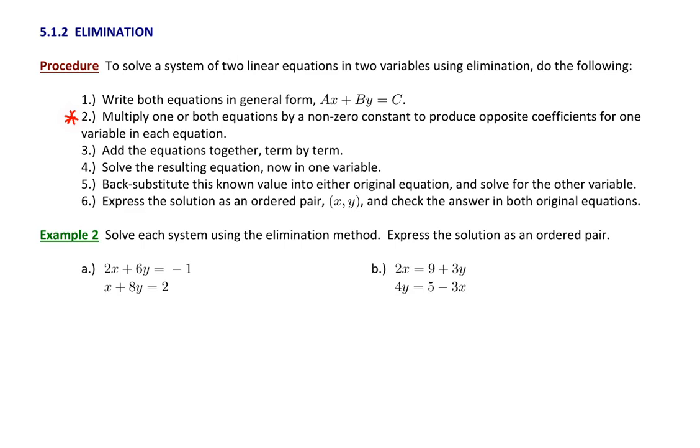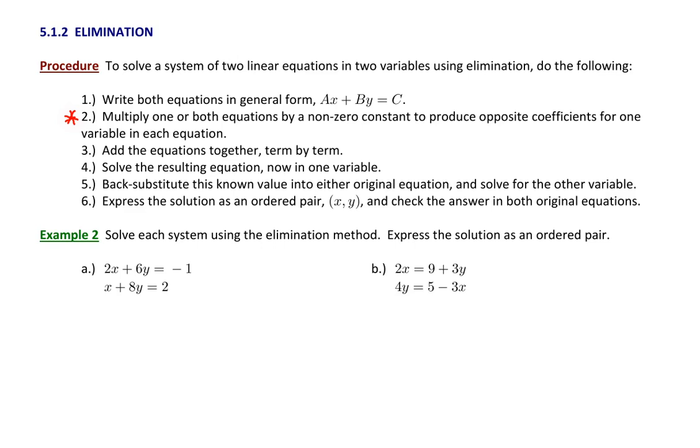Now, opposite means opposite in sign. So if one equation has a coefficient of 2, I want the other equation to have a coefficient of -2. And this is for one variable in each equation.